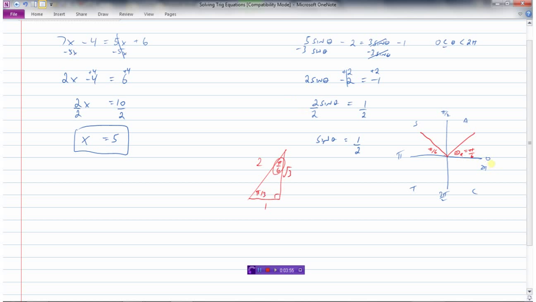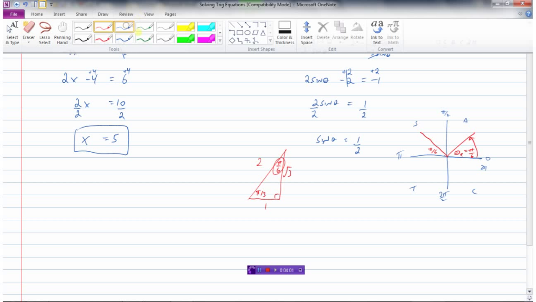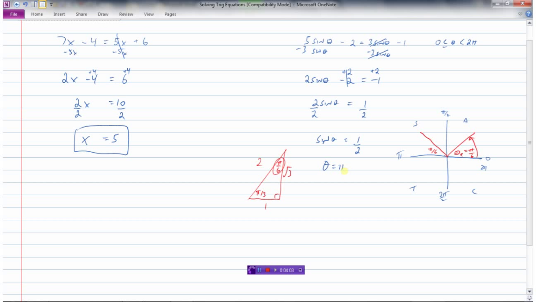And since I'm measuring from 0 to 2 pi, one solution is going to be theta is equal to pi over 6. That was this one. My second solution is going to be this one here. I'll call this answer 1, angle 1. My second solution then, all the way around here, is pi. So if I went all the way to here, which is pi, and backed up pi over 6, that would be pi minus pi over 6.